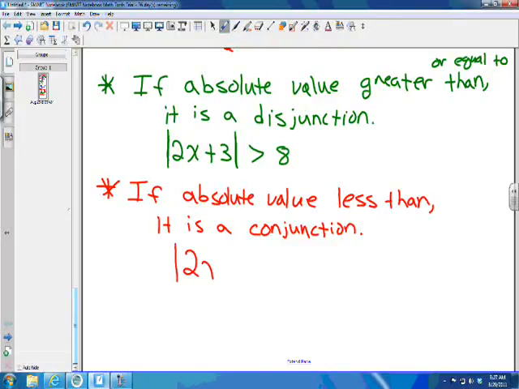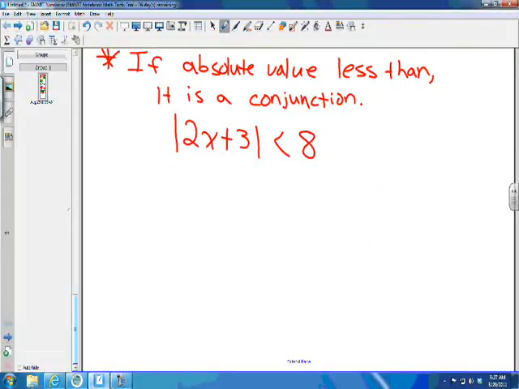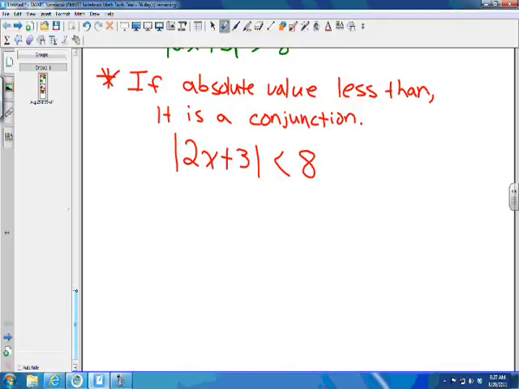Using the same numbers, that would be a conjunction. We've got the absolute value on the left by itself with a less than sign after it. It is a conjunction. You have to know those two rules.